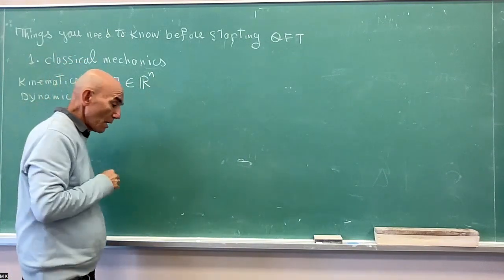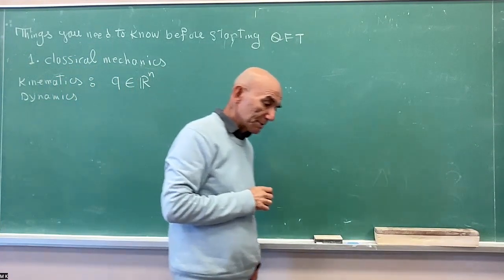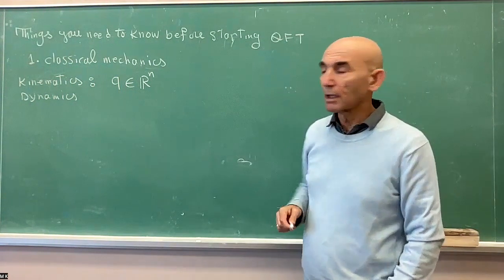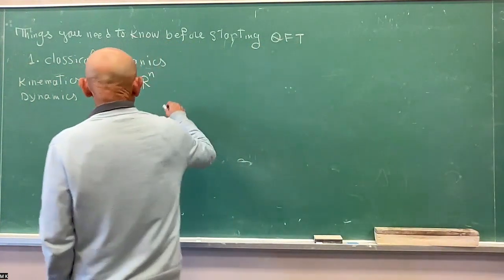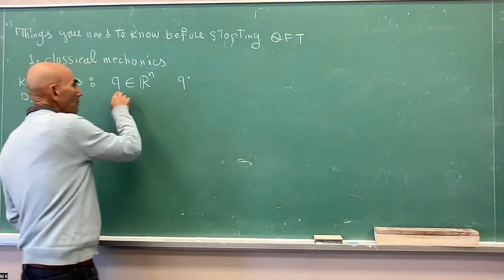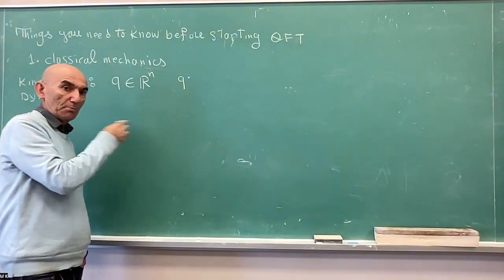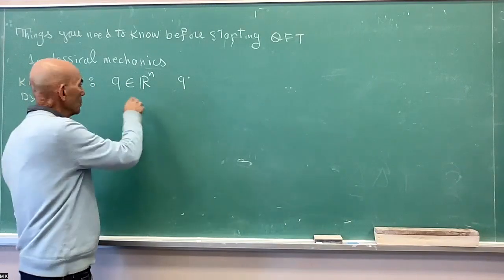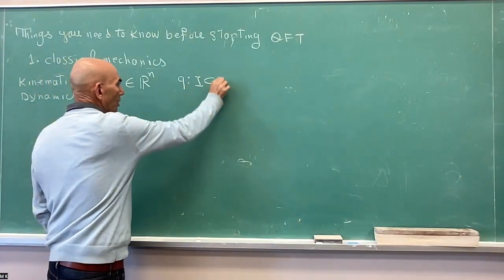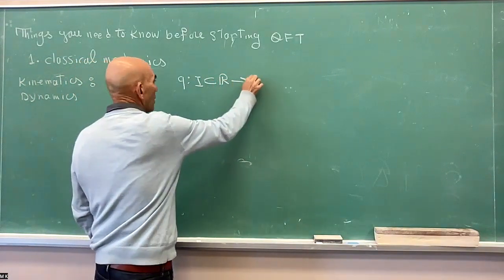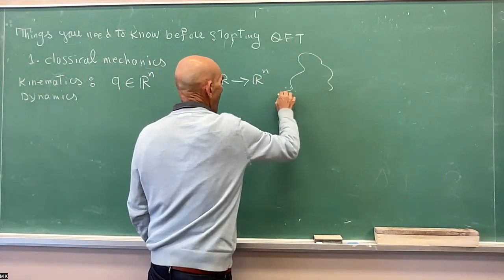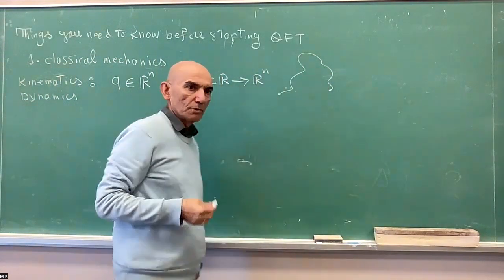And what we are interested in is the motion of particles in Rn. So basically curves. I can write some math even. So I also think of Q as a map from some interval inside R to Rn. This is the path of a particle moving in Rn.